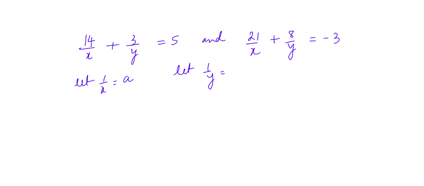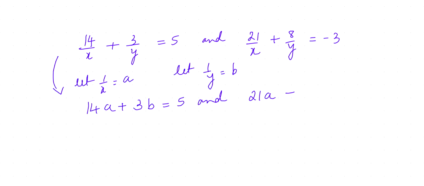So this equation boils down to 14a plus 3b is equal to 5, and 21a plus 8b is equal to negative 3.